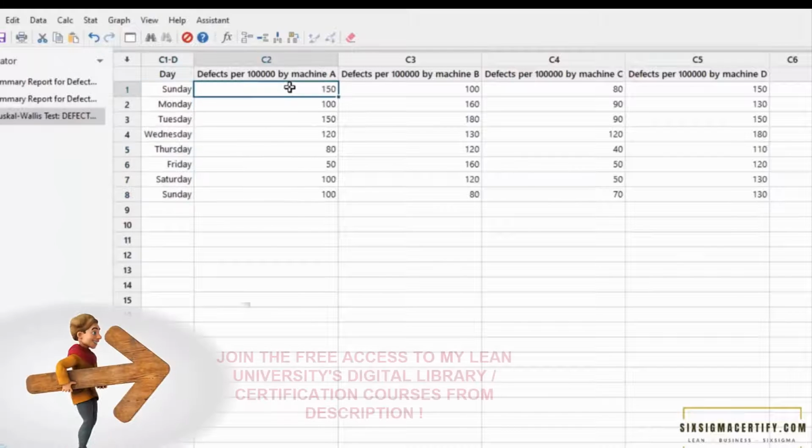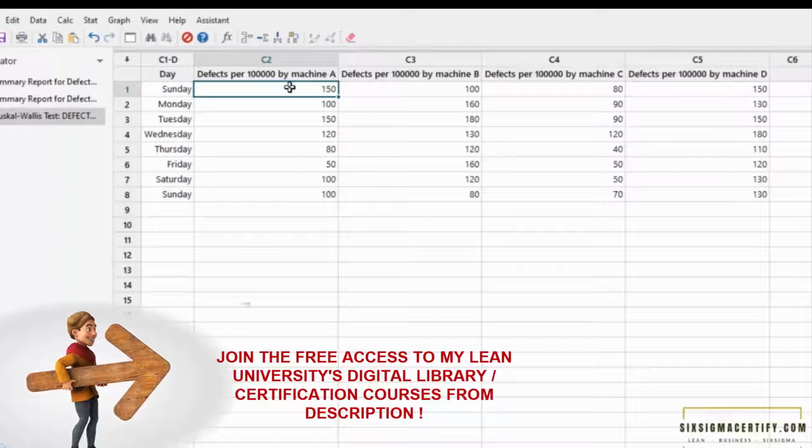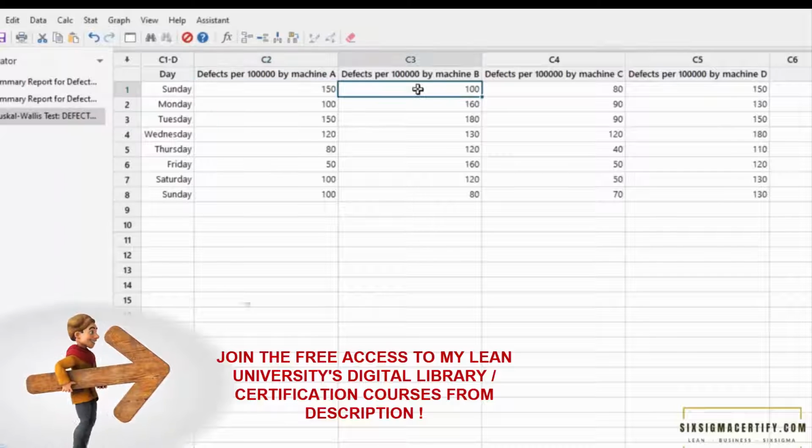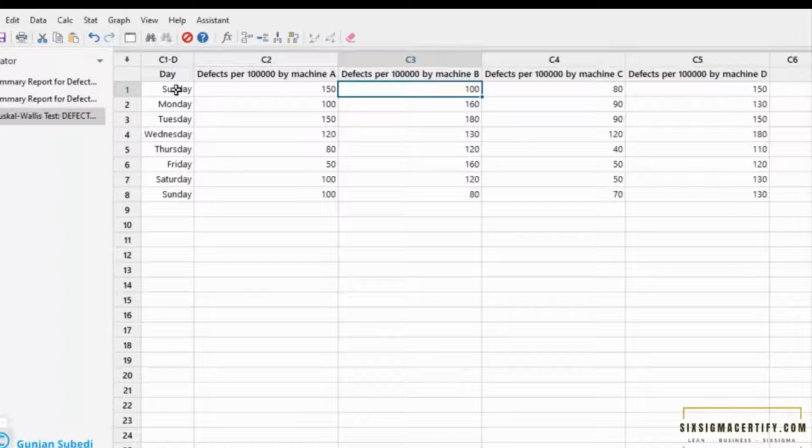So Machine A produces 150 defects per 100,000 parts produced on Sunday. Similarly, it produces 100 defects per 100,000 items produced on Sunday, and so on.